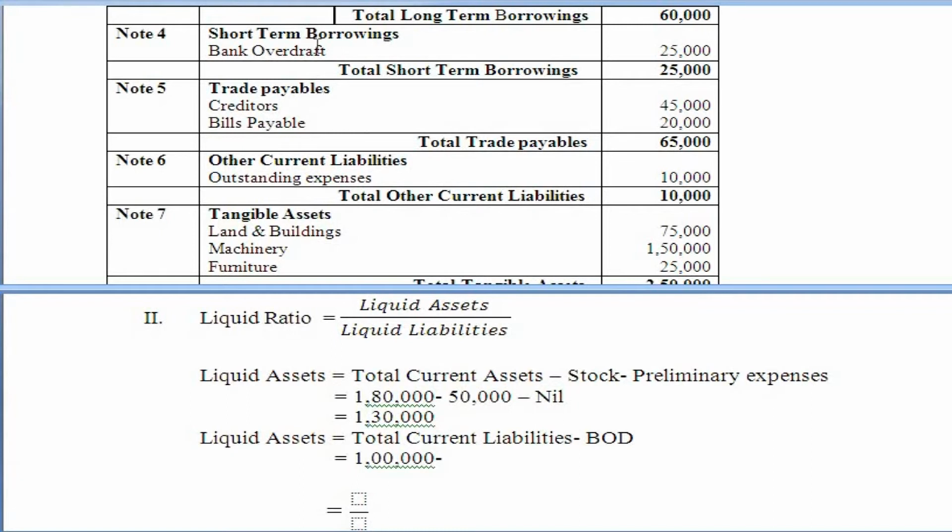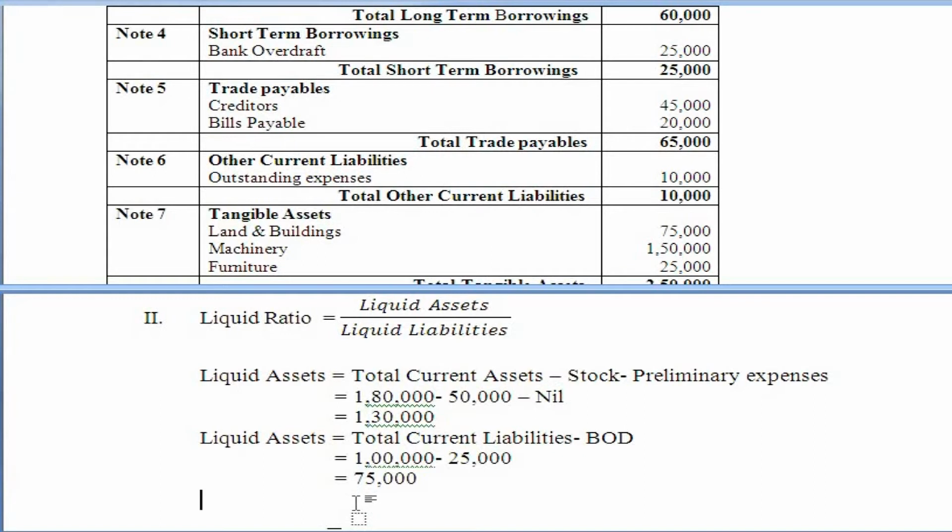How much bank overdraft? That is short term borrowings, 25,000. Bank overdraft is 25,000. So 1 lakh minus 25,000 is equal to 75,000.